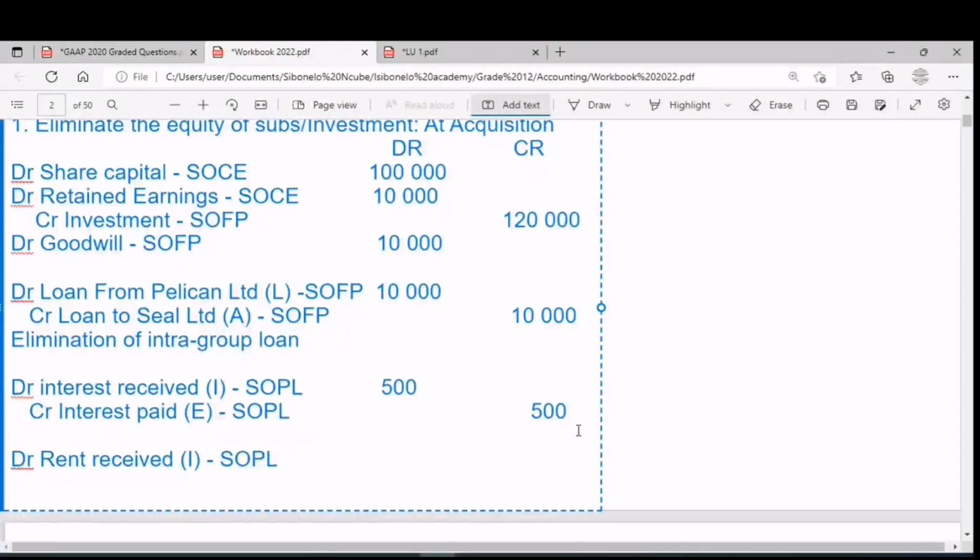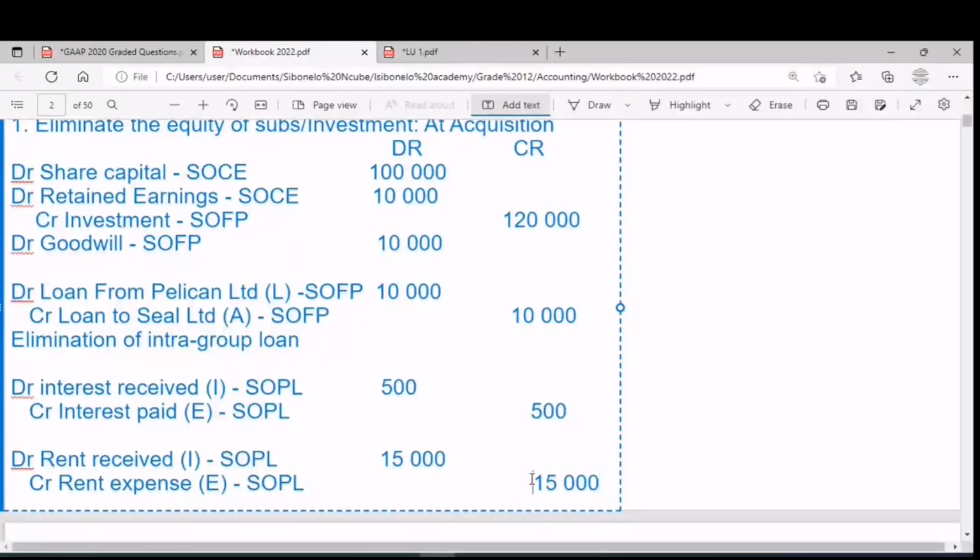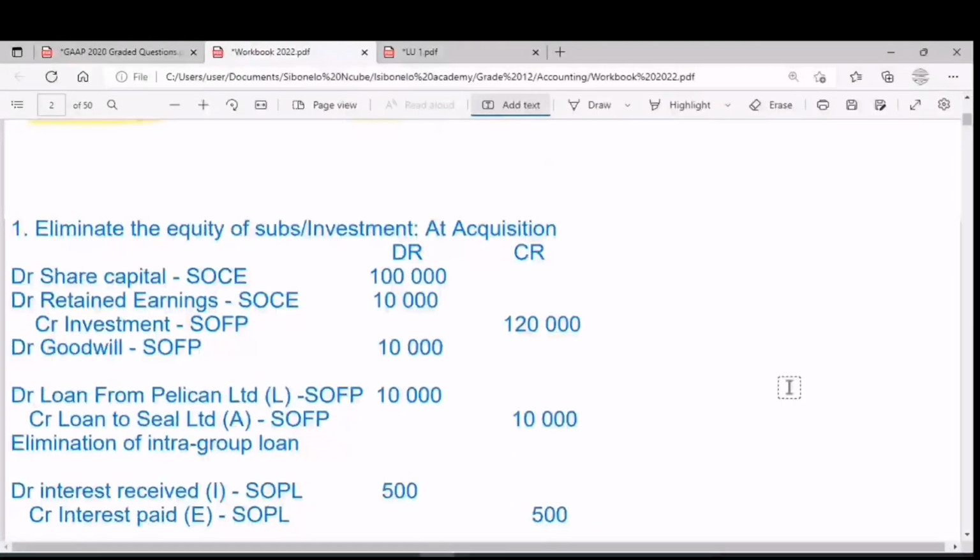Then we recognize the expense by crediting rent expense, that is rent paid by Pelican to Usil. My expenses affect the statement of profit or loss. So in my journal, the rent is 15,000. Once we have done the journal entries, we have completed step 2.